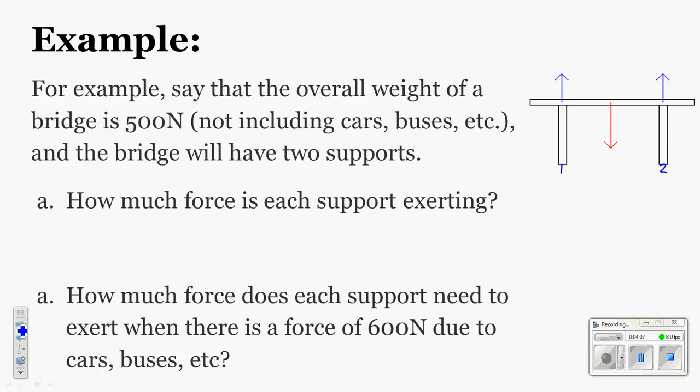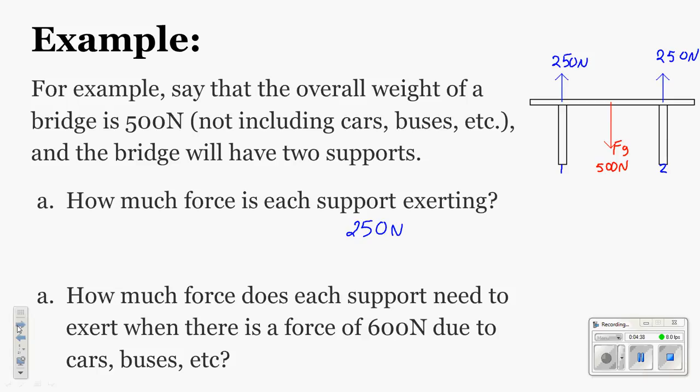So if we take 500 newtons and we divide it by 2, we get 250 newtons for each of our supports. There we go. And so our F of G was given to us, 500 newtons.